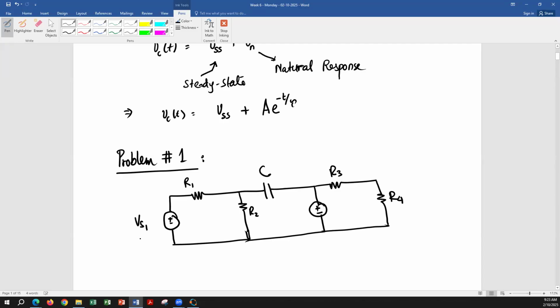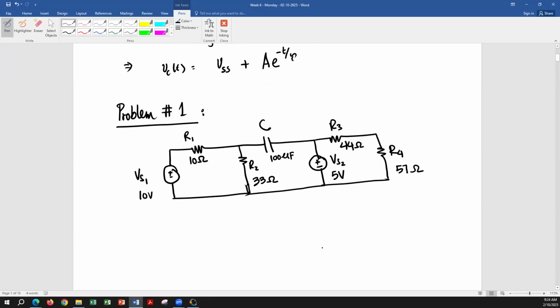Say this is VS1, 10 volts, and VS2, 5. These are the values, let's assume. This is a totally random circuit I'm drawing.